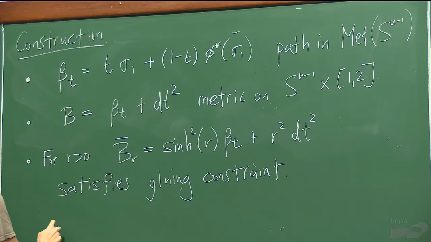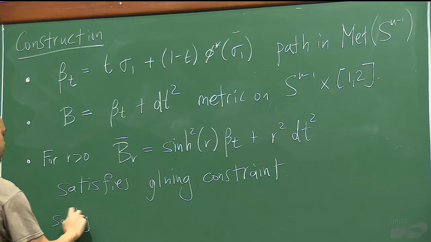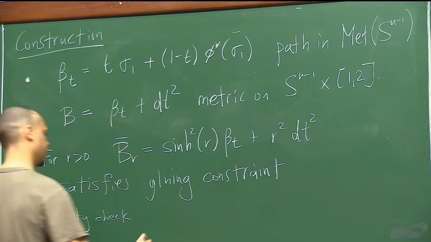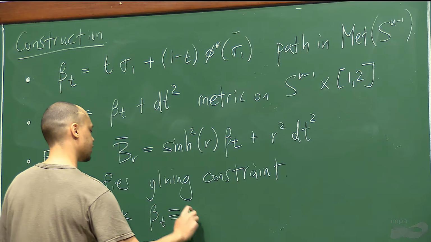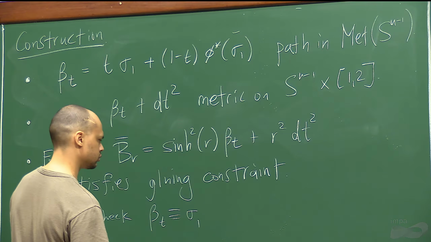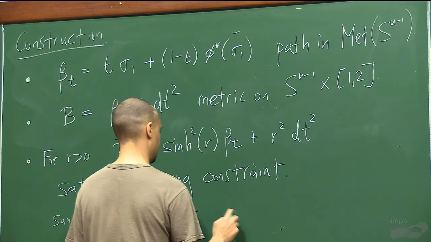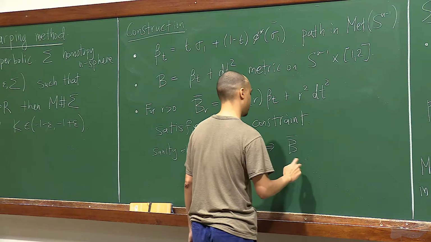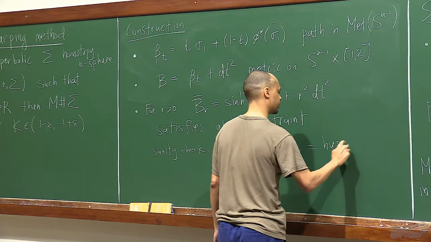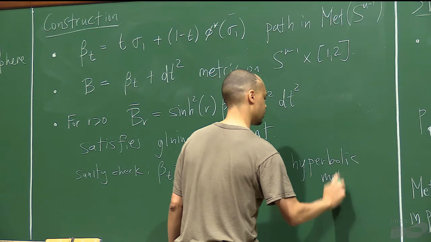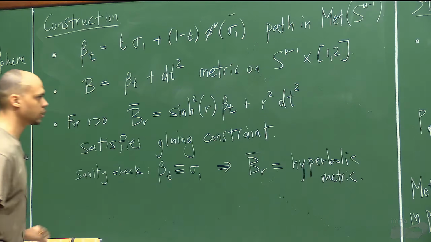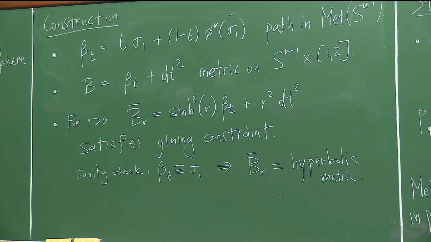But maybe let me just say as a sanity check that if beta of t is just identically the round metric, then this B bar r is a hyperbolic metric. Okay.